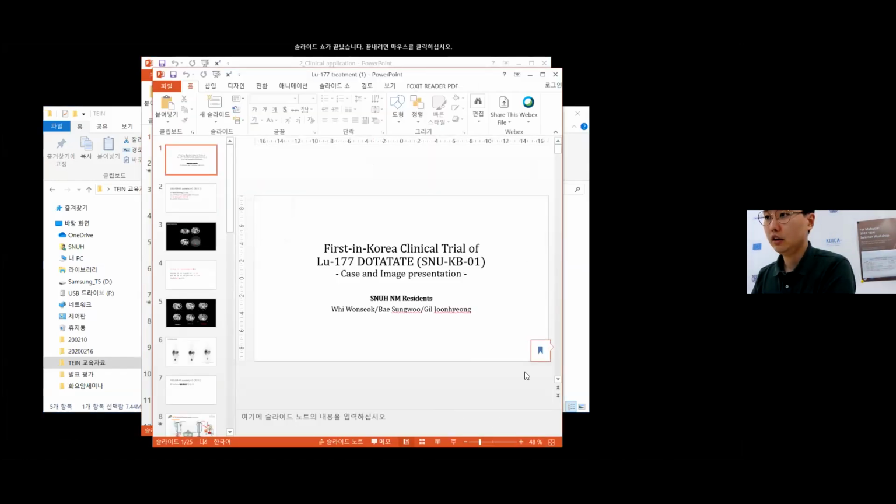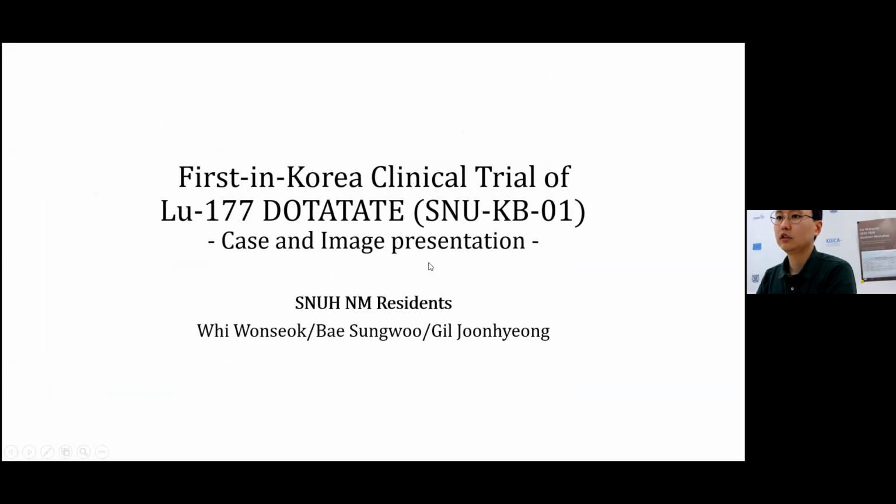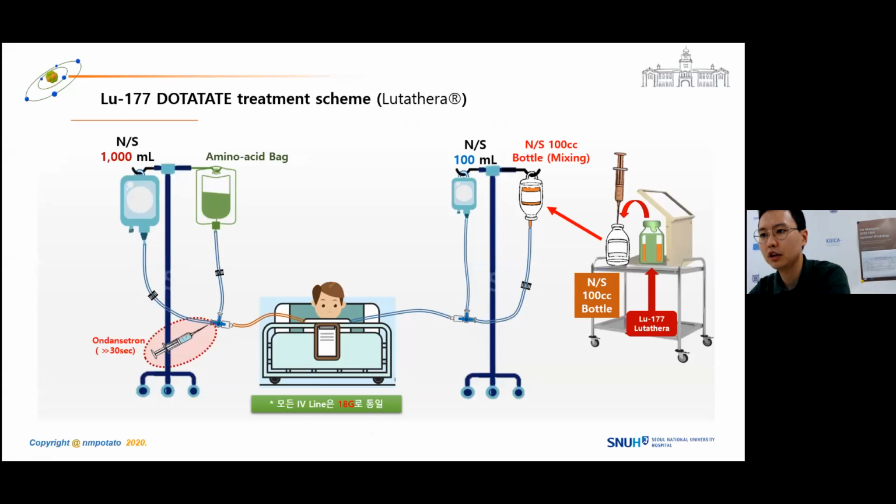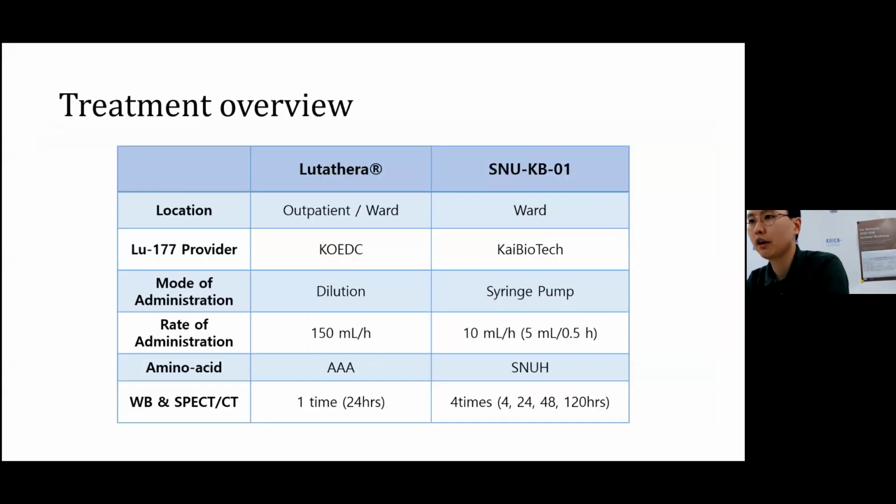Okay. So in our status, we have two options for a neuroendocrine tumor patient. One is produced in Korea, called SNU-KB01, and it is under phase 1 clinical trial.